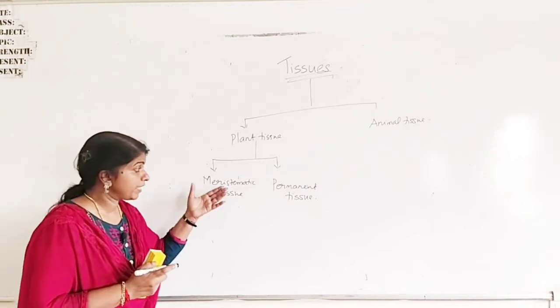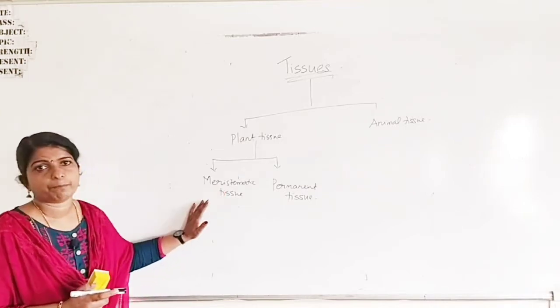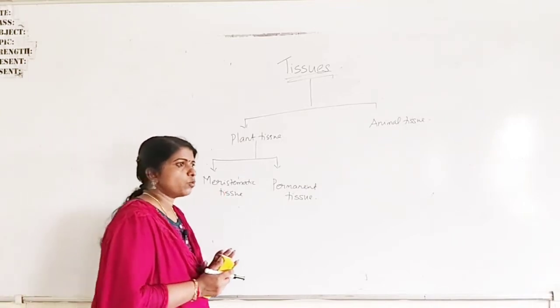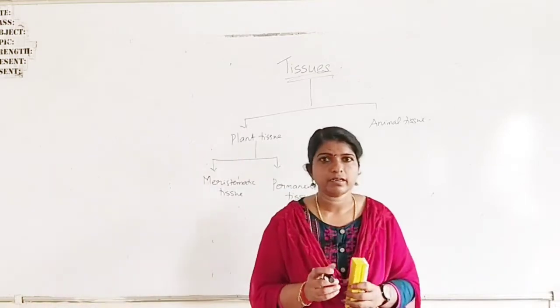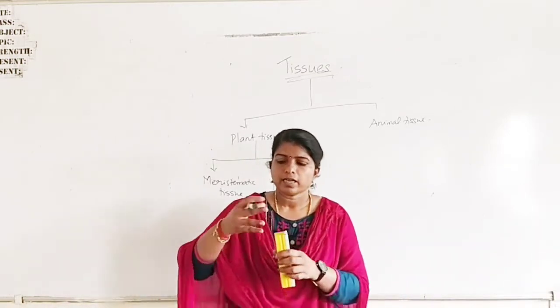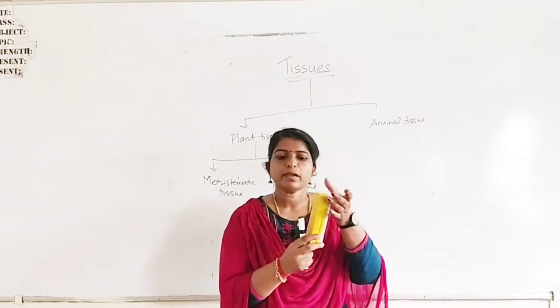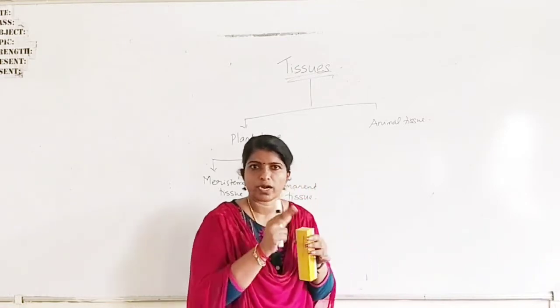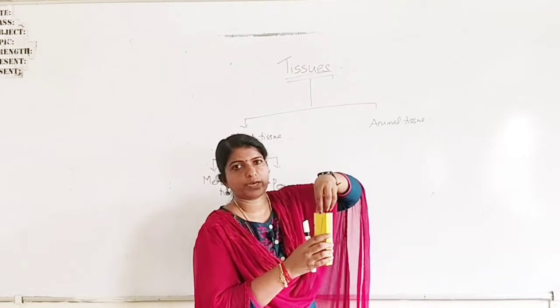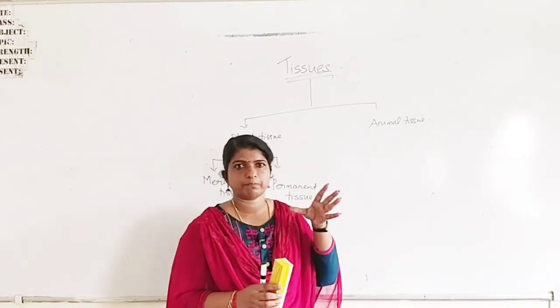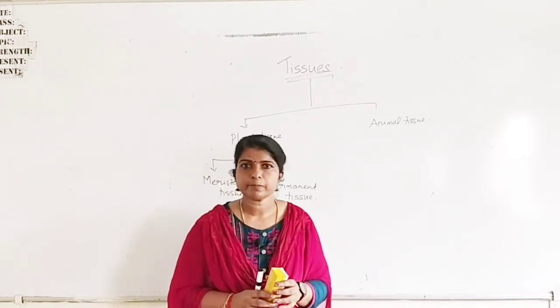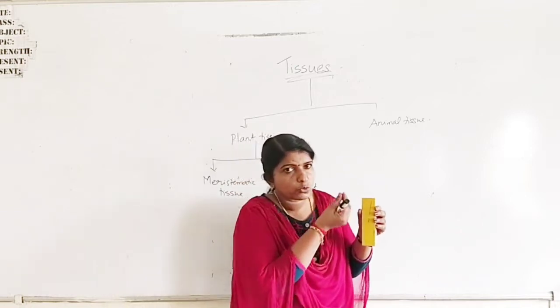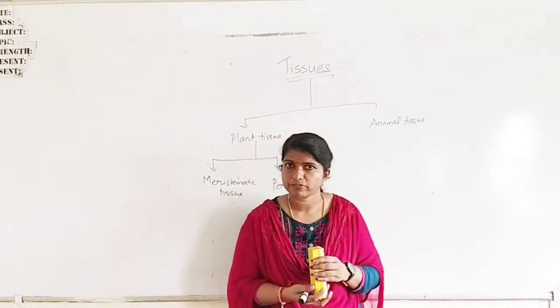Meristematic tissue or meristem. You just do one thing. Take one onion bulb and place this in a glass containing water. Just place over it and observe it. After 2-3 days, you can see small roots arising from the base of the onion bulb.